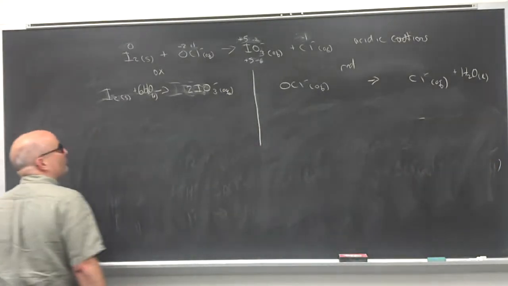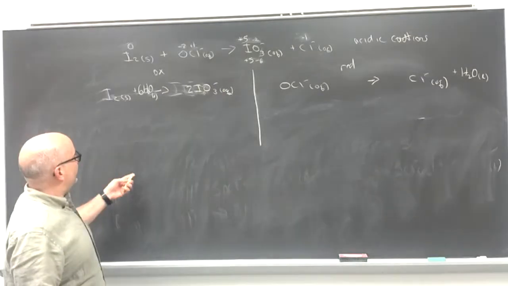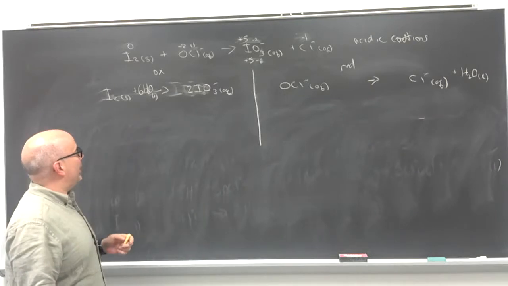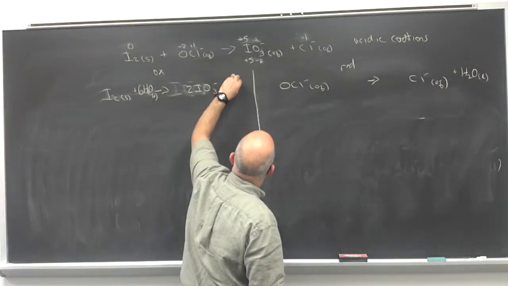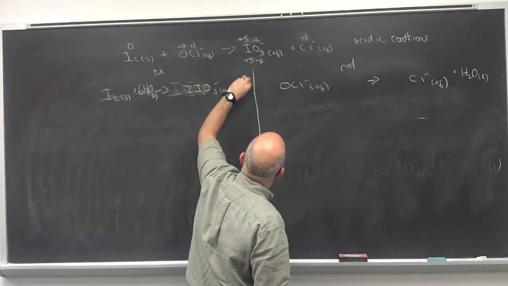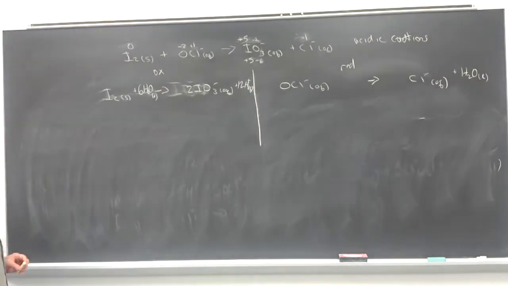The next step is to balance the hydrogen atoms by adding protons to whatever side needs it. So we added 12 hydrogen atoms here in the water, so we need to add 12 protons on that side to balance that out.